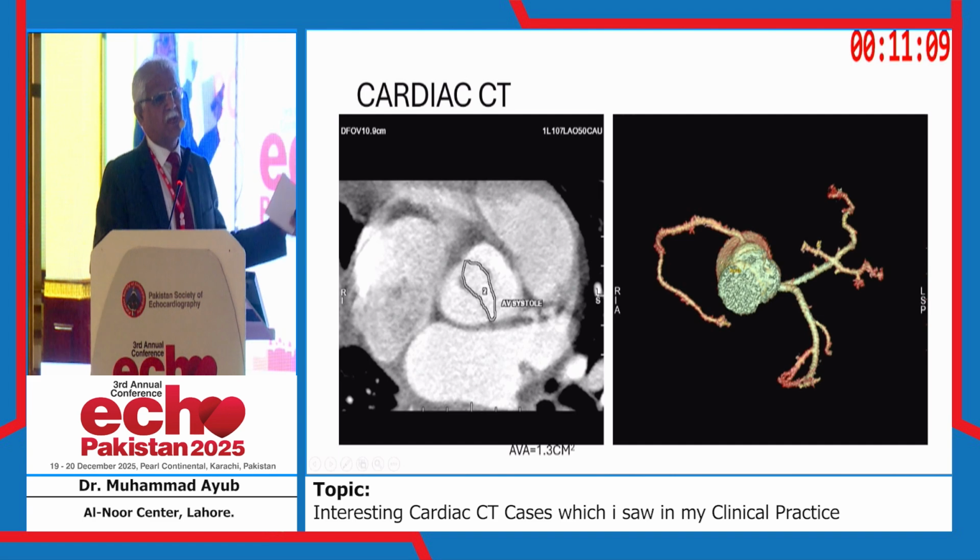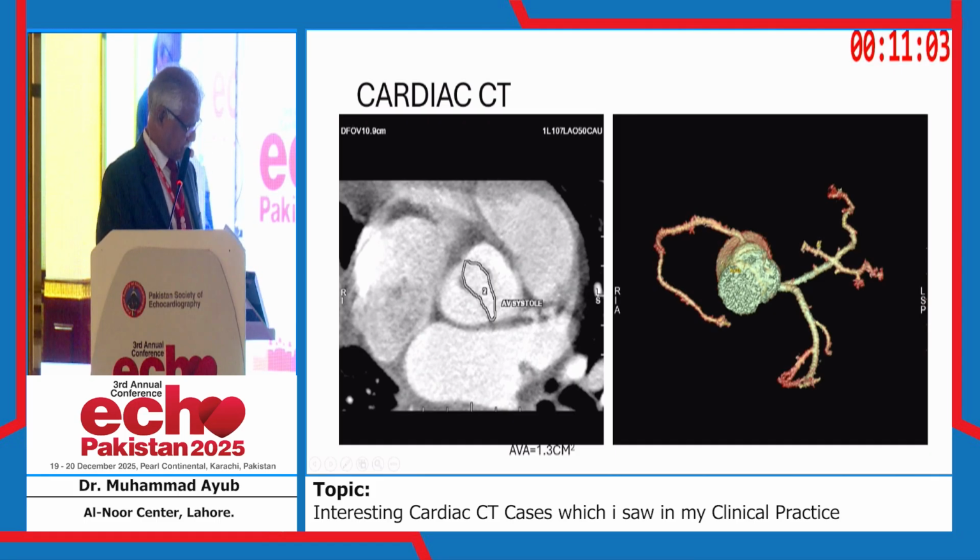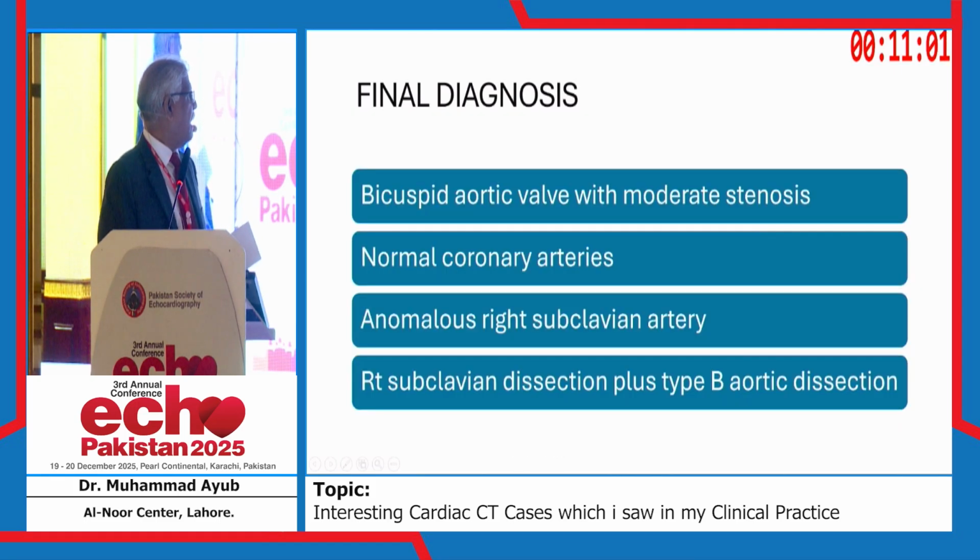However, this complication happened because of the direct effort for angiography. The final diagnosis is bicuspid aortic valve with moderate aortic stenosis, normal coronary arteries, anomalous right subclavian artery, and there is a type B dissection.